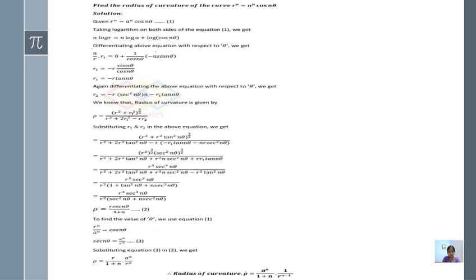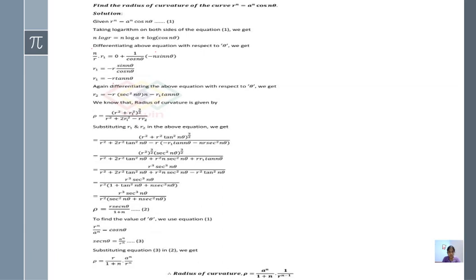Now r cube secant cube n theta divided by r square of, taking r square as common, we get r square into 1 plus tan square n theta plus, after taking r square, we will get n secant square n theta.